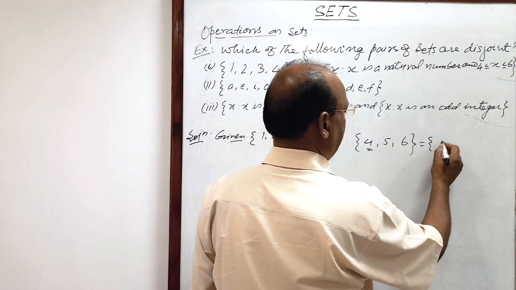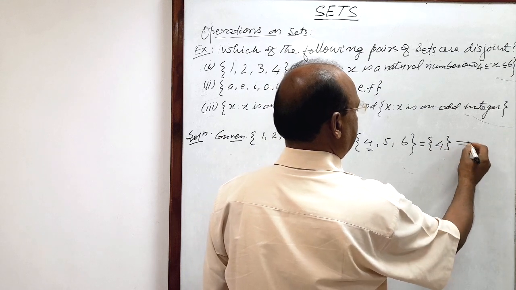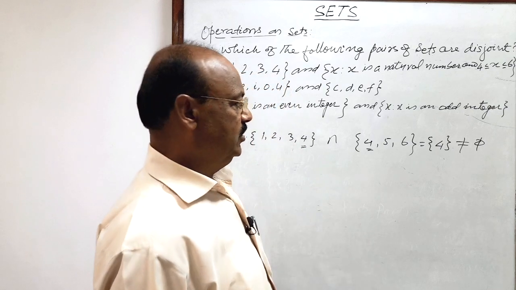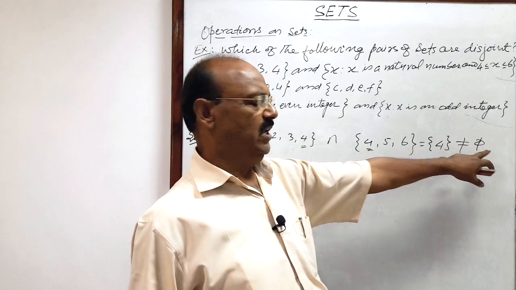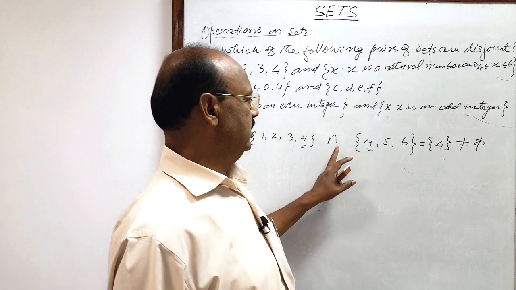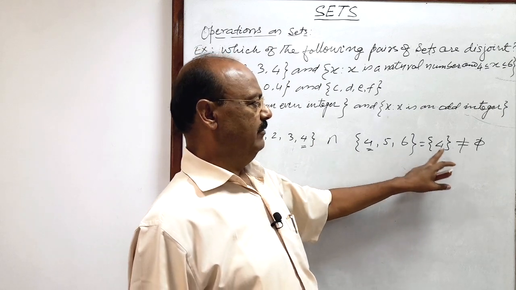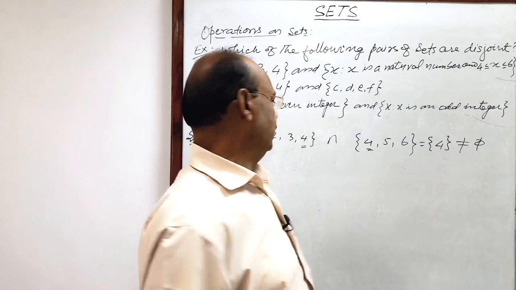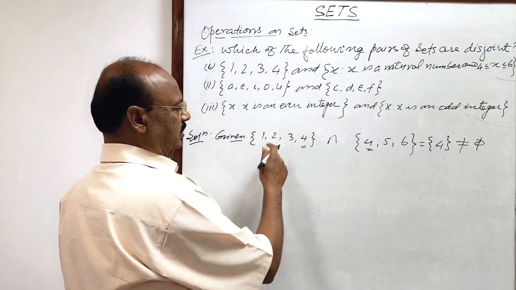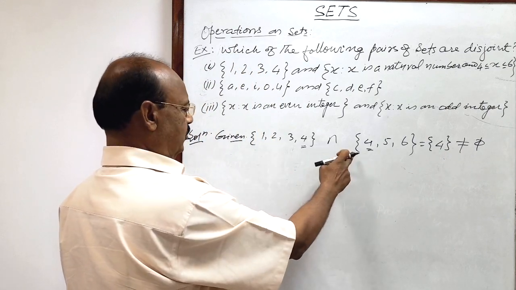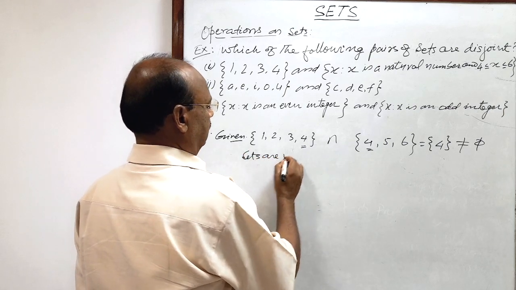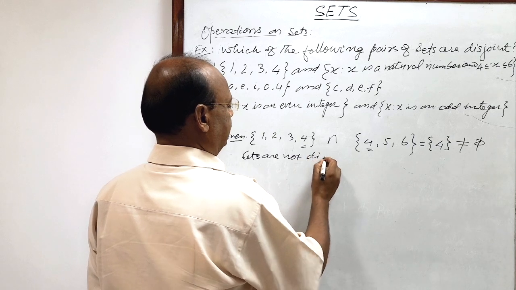It is a set having element 4. If two sets are disjoint, the intersection must be a null set, but in this case the intersection is a set with element 4. Therefore these two sets are not disjoint.